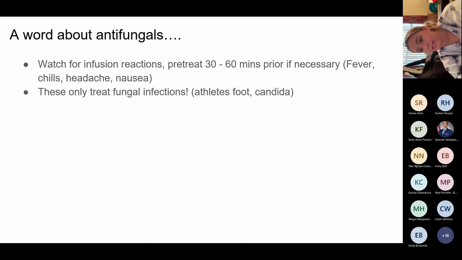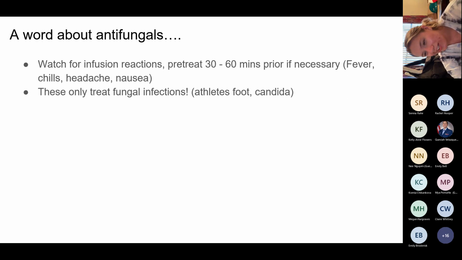A word about antifungals. These will only treat fungal infections such as athlete's foot, ringworm, tinea capitis, candida. So if your patient has a bacterial infection, this isn't going to help. That's why it's also really important to know how to interpret your culture and sensitivity test.